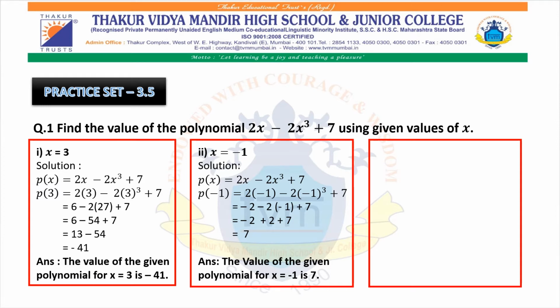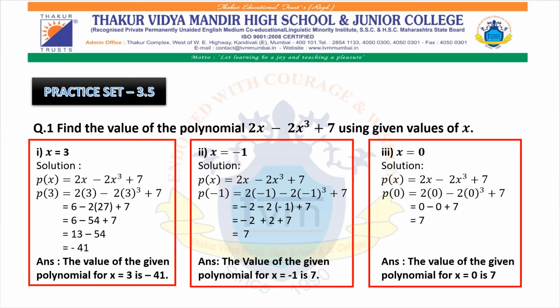So the value of the given polynomial for x equals minus 1 is 7. Third, x equals 0. Solution: p of x is equal to 2x minus 2x cube plus 7. Now instead of x we will put 0. So 2 into 0 minus 2 into 0 cube plus 7, which is 0 minus 0 plus 7, which is 7. So the value of the given polynomial for x equals 0 is 7.